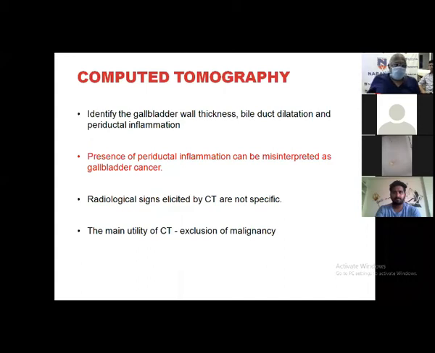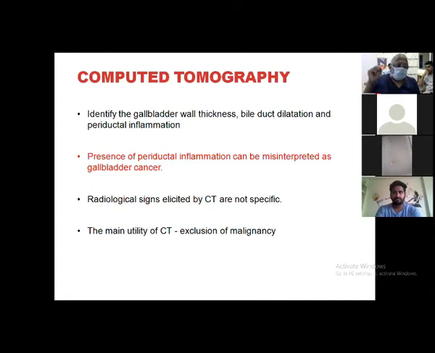Computed tomography is not very diagnostic, but if a good clinician puts everything in mind, along with a supportive computed tomography, one can come to a reasonable diagnosis in more than 80% of cases.